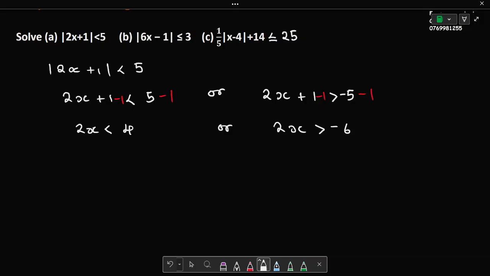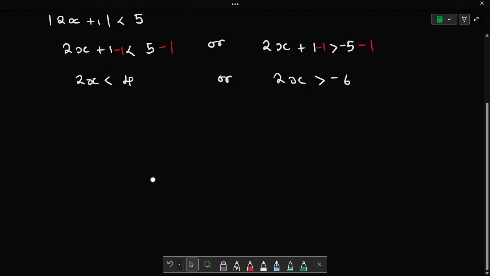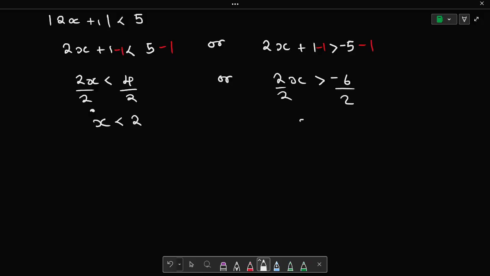Okay, this will give us, we divide by 2, we divide by 2, x is less than 2, and divide by 2, divide by 2, it will be x is greater than -3.